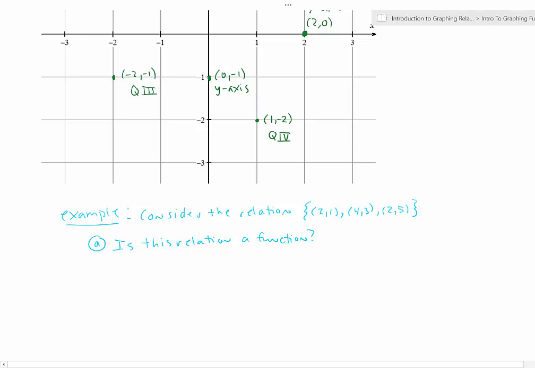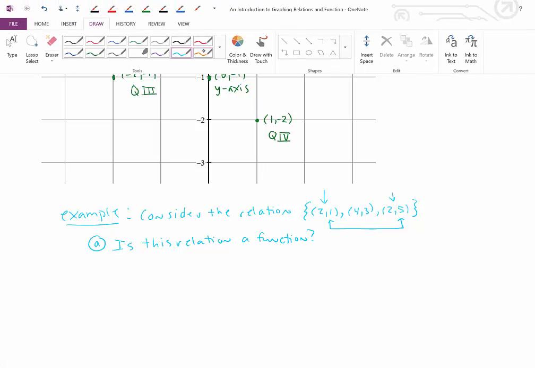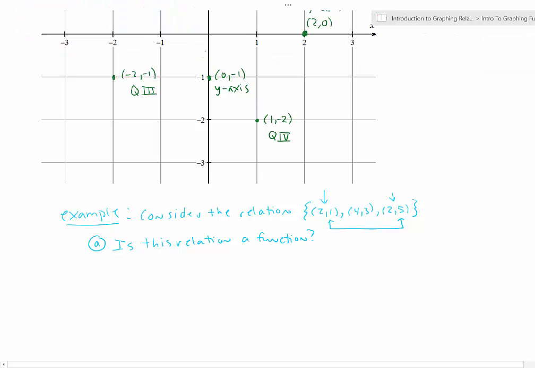So this is kind of a review question, but it's going to help us exemplify an idea. And so we should know how to answer this. We see that there are 2 different ordered pairs with the input of 2, and those 2 different ordered pairs actually have different outputs. So for the input of 2, we have 2 different output values. That violates the definition of a function.